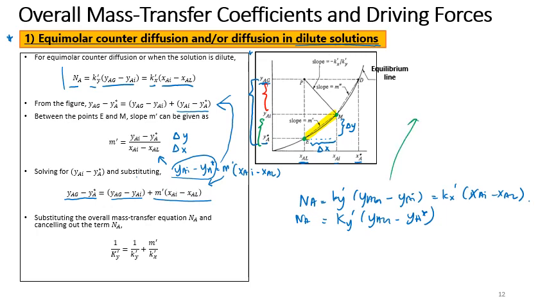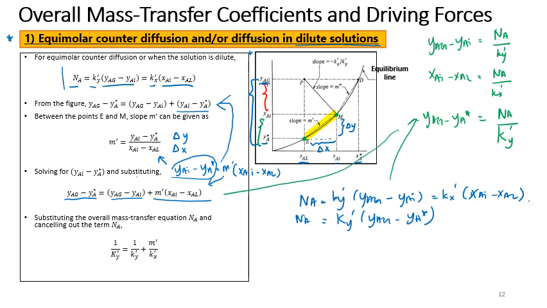From here you get YAG minus YAI equals NA over KY prime, XAI minus XAL equals NA over KX prime, and YAG minus YA star equals NA over capital K Y prime. Then you put everything here into this.